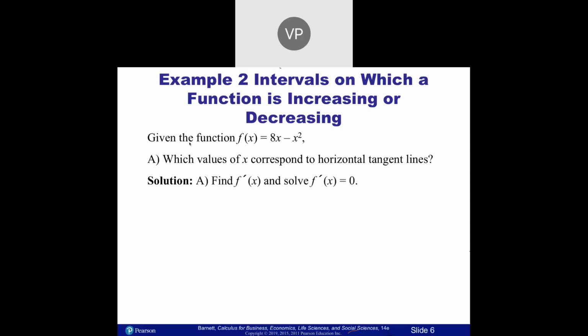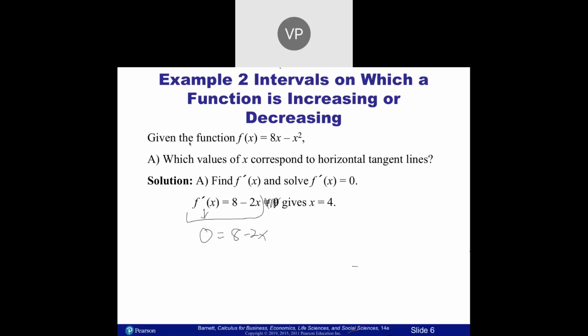So you find the derivative, you solve with the derivative equal to 0, and then you see what x values you get. So again, we know how to find our derivative right here. We've done that. My approach is I put a 0 right there, and I set the derivative equal to 0. It doesn't matter though.